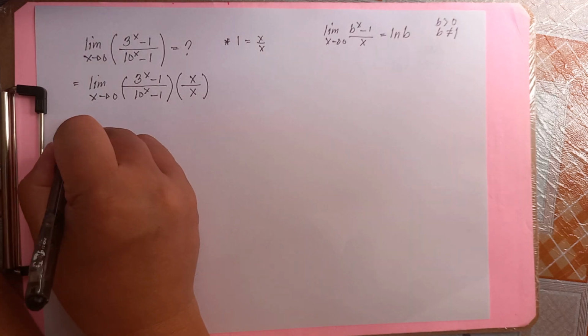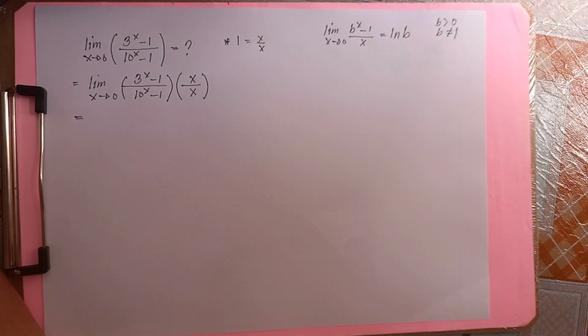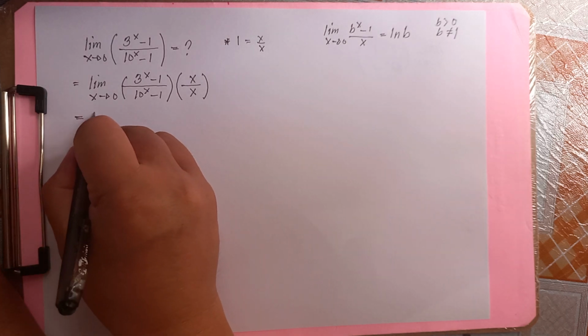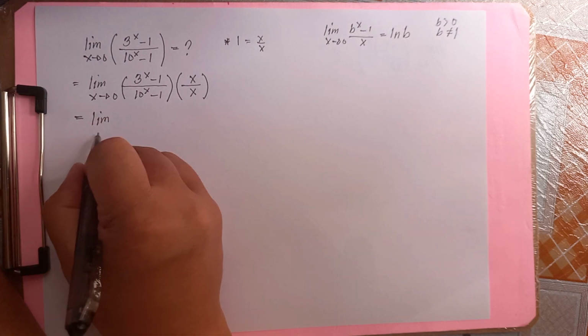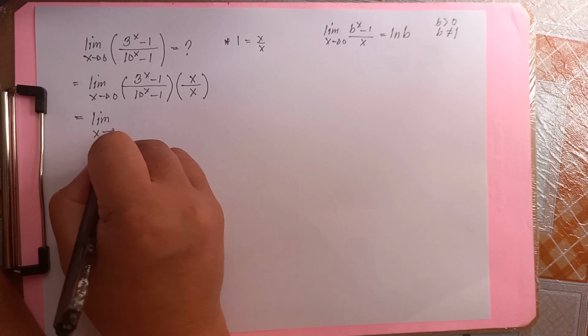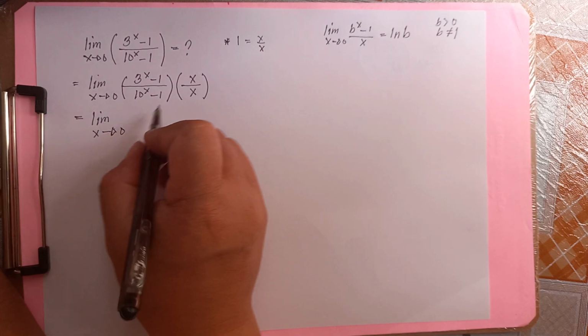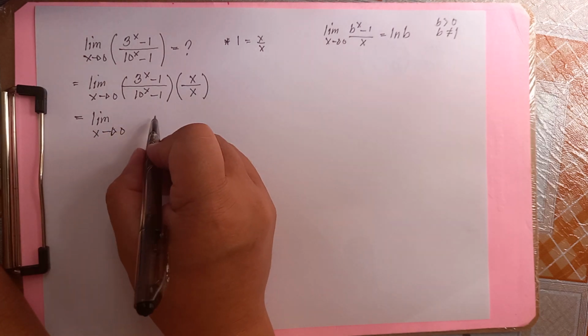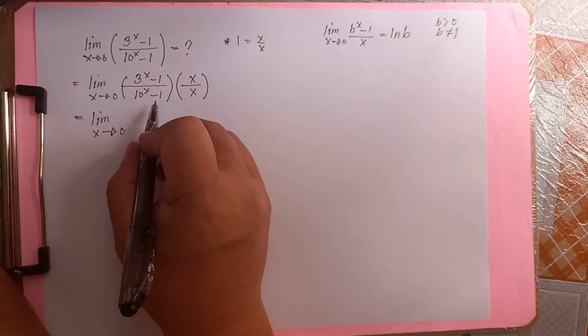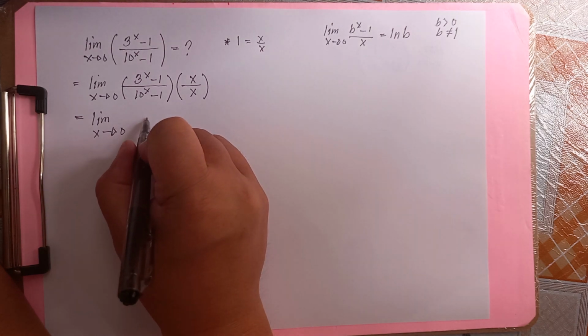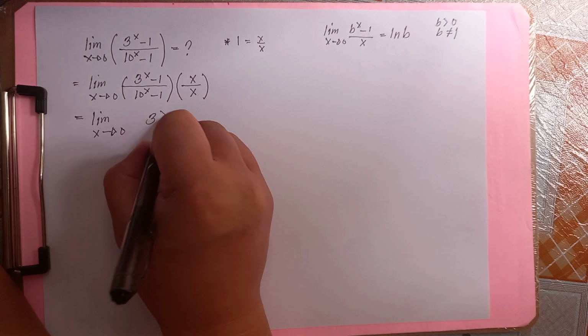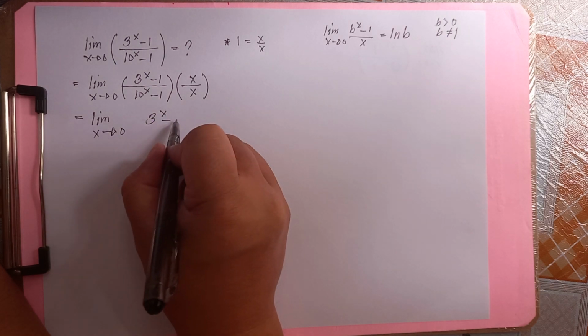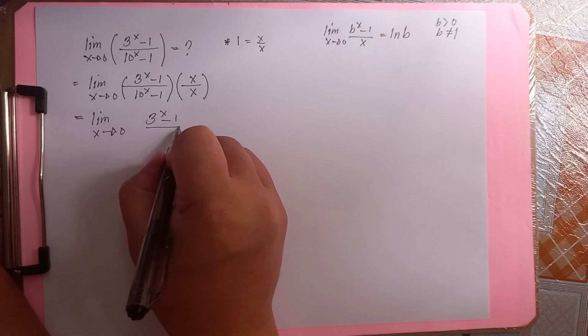Now having said that, we have the result which is the same as the limit as x approaches 0 of 3 raised to x minus 1 over x.